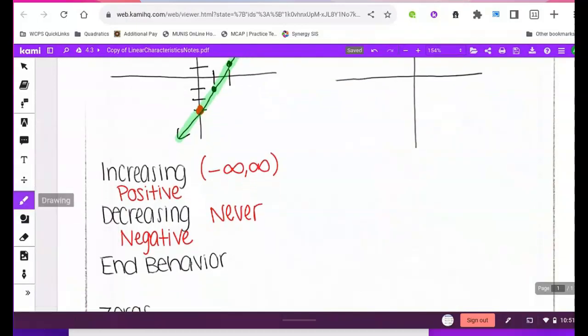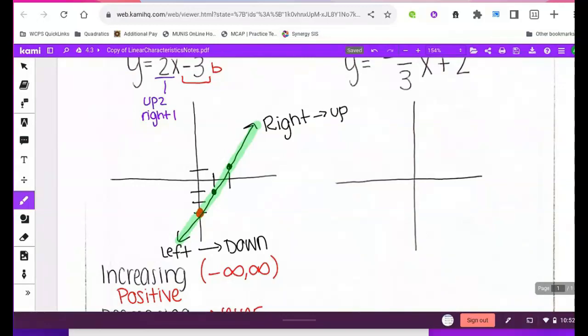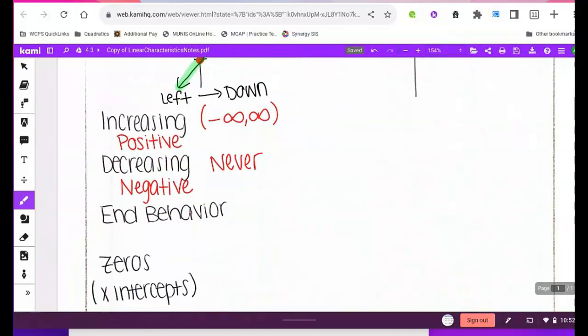The next key feature that we have to review is end behavior. End behavior talks about the arrows of the line. So this is the left arrow, and the left arrow is pointing down. And this is the right arrow, and the right arrow is pointing up. We have this notation that we use for our end behavior.